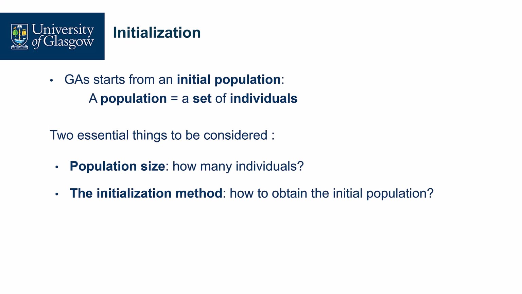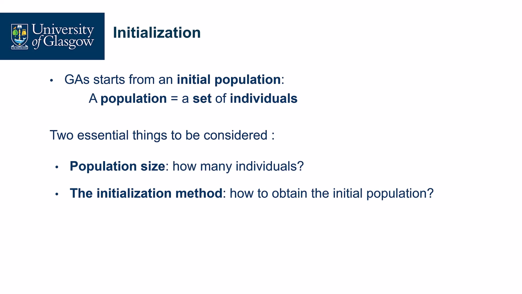This is the population size, and it does matter. It highly influences the performance of GA. But in this introductory specialization, we won't talk about the details of how to set the population size. Instead, we will discuss it in the next specialization, the advanced course.